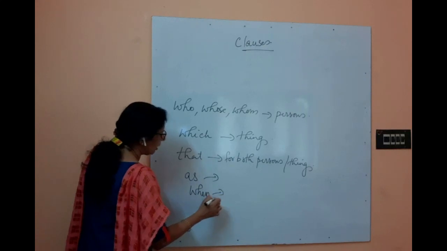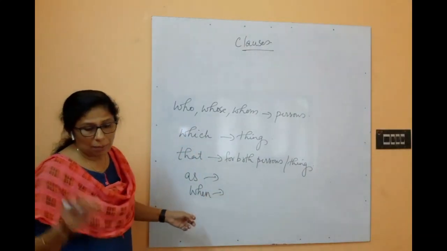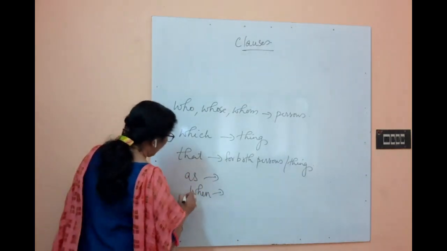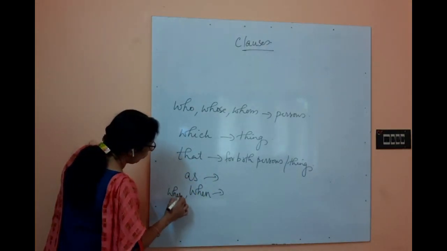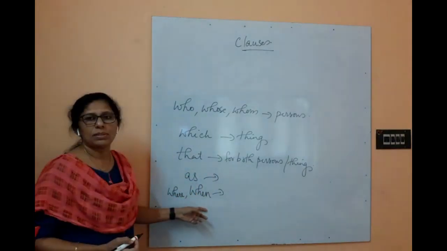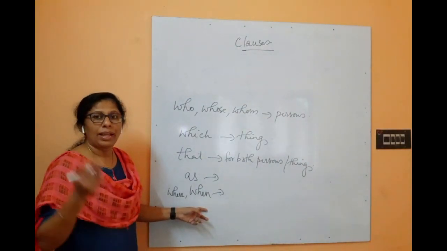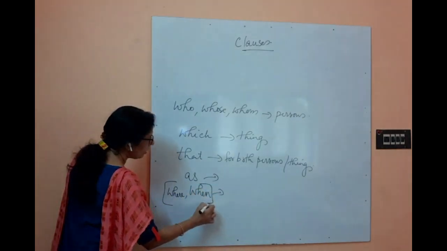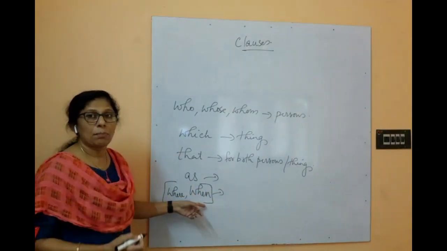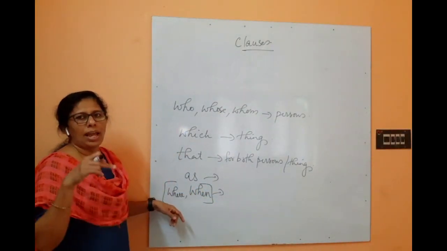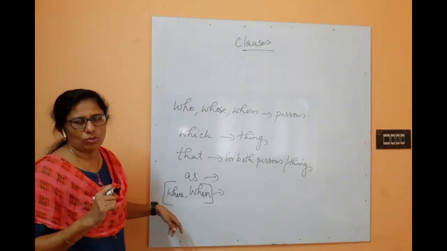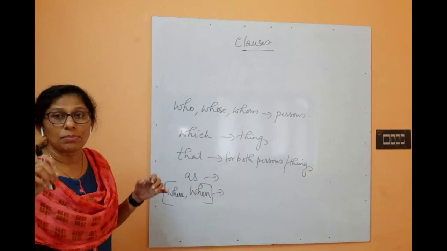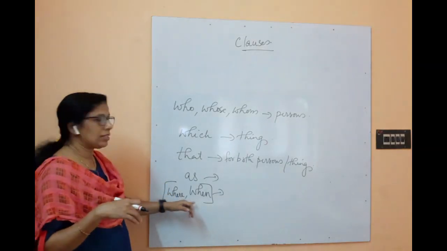Normally we know that when is used for adverb clauses, but sometimes when is also used in this section, and one more, where. These two usually come in adverb clauses, but exceptional cases are there. Please remember, these two can also be used in adjective clauses. Don't think that if when and where come, it will always be an adverb clause. Sometimes, very rarely, it can be an adjective clause also.